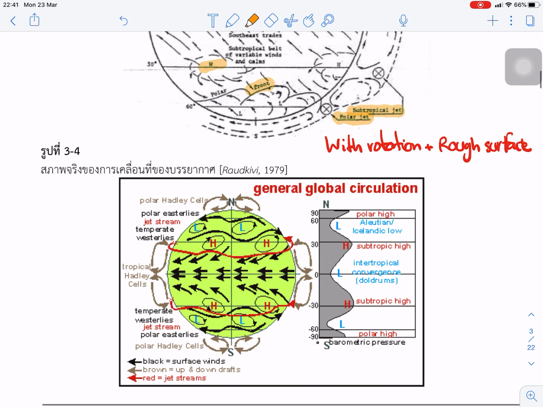This figure shows the general global circulation on Earth, in terms of surface wind, up and down drafts, and jet stream.